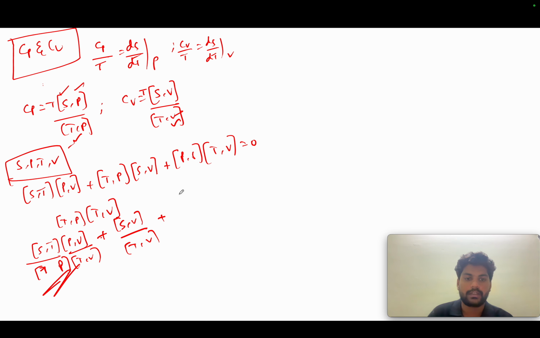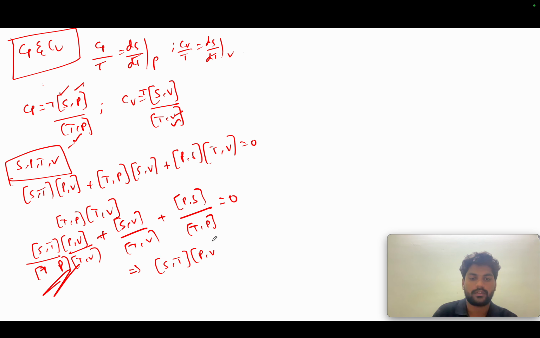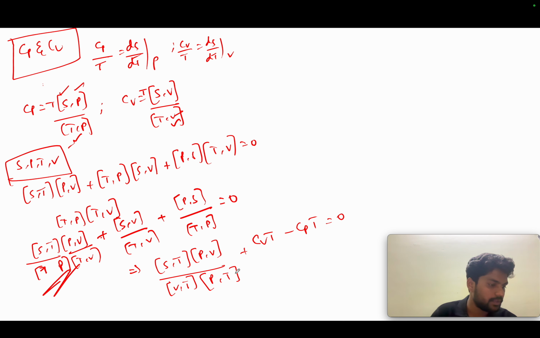So (T, V) will be cancelled. Now I'm writing this the same way. I will change this to (V, T), this to (P, T), plus this is ds by dt at constant volume, which is CV by T, and if I change this to ds by dt at constant pressure, it will become CP by T, equal to 0. So now I think this is the equation which we have.